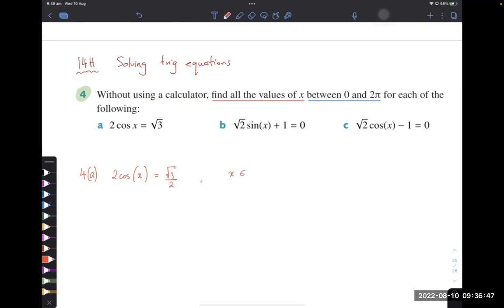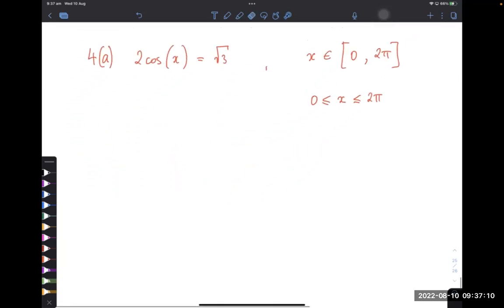You can write x is an element between 0 and 2 pi, like so. Or you can write, if you prefer, different ways of writing the same thing, domains. For each of the following. Okay, so we've got this here. Whoops. I wrote the question correctly. My bad.